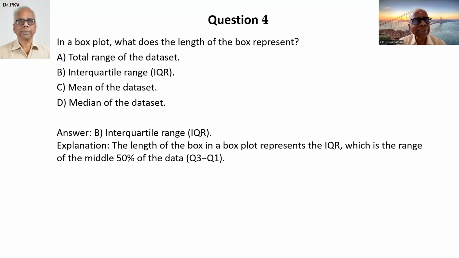And then you look at the boundaries and construct the box plot with outliers and all, adding 1.5 times the interquartile range to Q3 and subtracting it from Q1. So this is the position. Choice B is the correct answer, interquartile range.